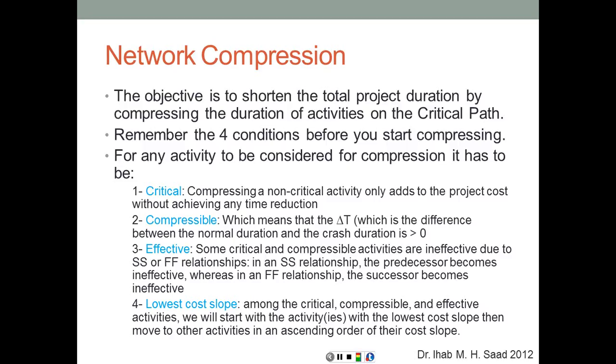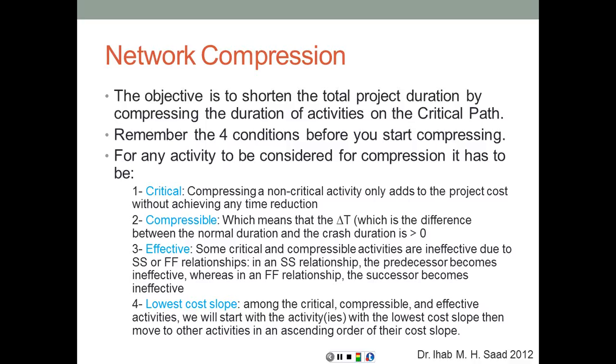If you have 2 critical activities that are connected by a start-to-start relationship, if you compress the duration of the first one, is that going to affect the completion date for the second one? The answer is no, because they are linked by start to start. So the completion of the first one does not affect the shortening the duration of the project. Same thing if you have 2 critical activities connected by a finish-to-finish relationship.